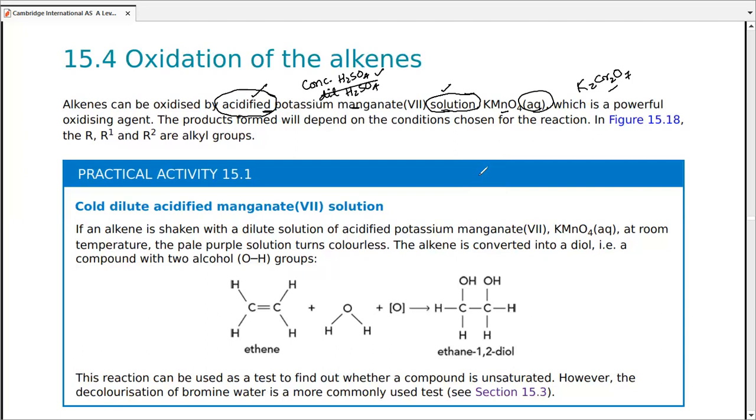So do not miss out on this tiny piece of detail. You might think it is useless, but in A levels, if you miss out on this piece of detail, you're going to see the marking scheme, especially after 2018, that even highlights or bolds the word acidified so that the examiners can cut marks if you miss out on it.